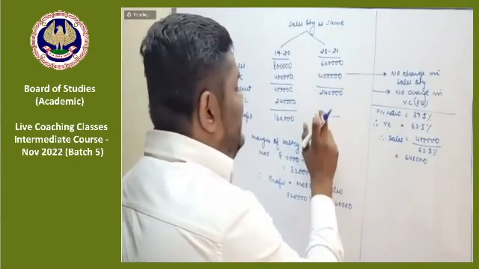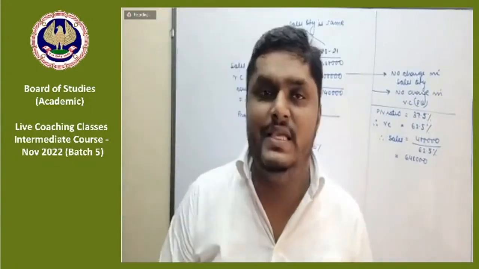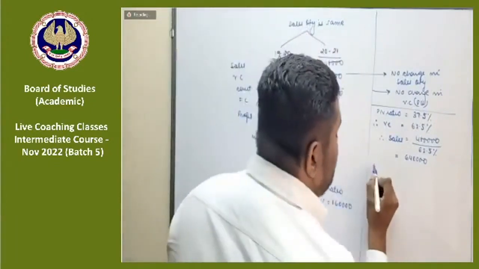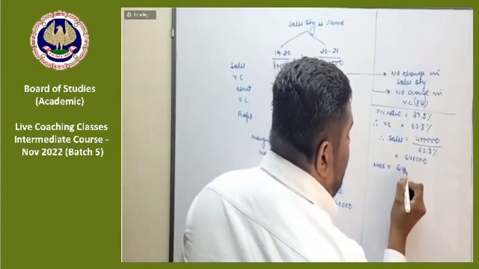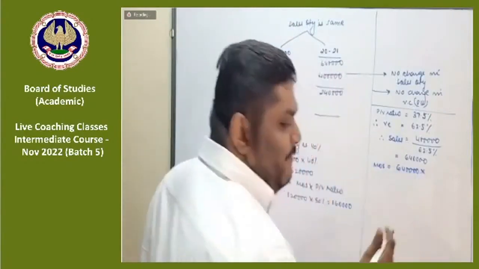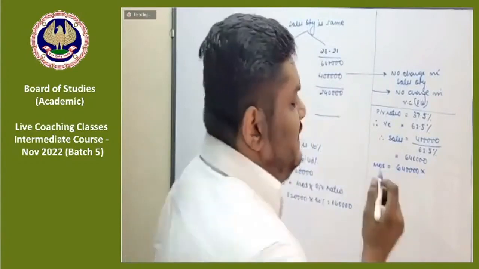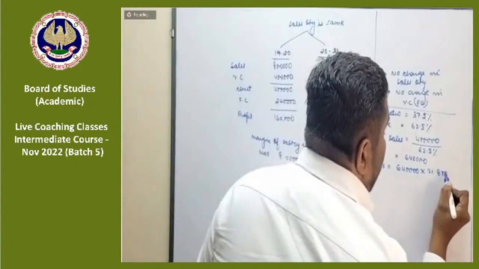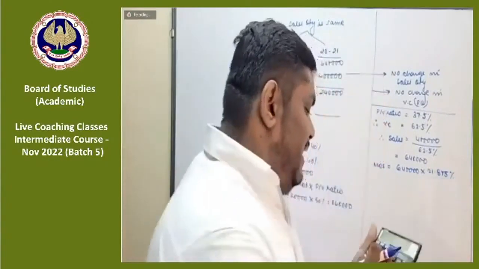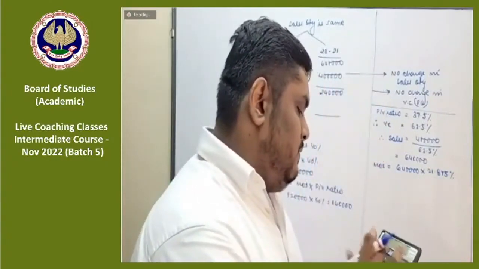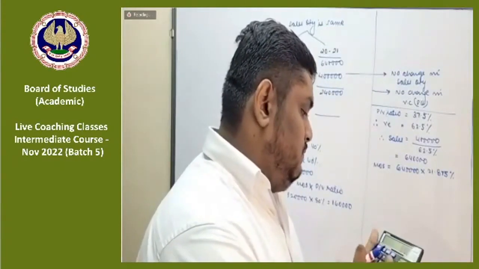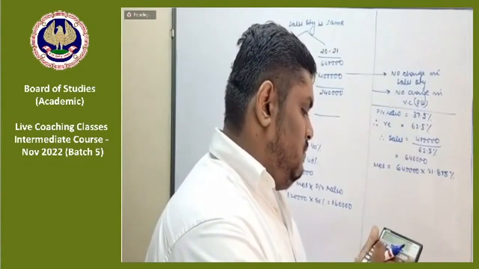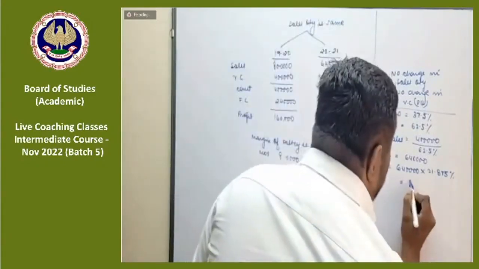When talking about fixed cost and profit, the calculation will be the same. It is given that margin of safety sales is 21.875% of the total sales. So margin of safety sales will be 1,40,000.